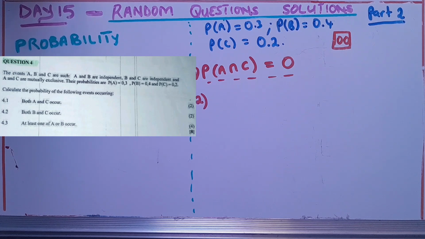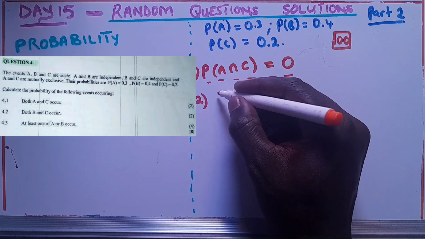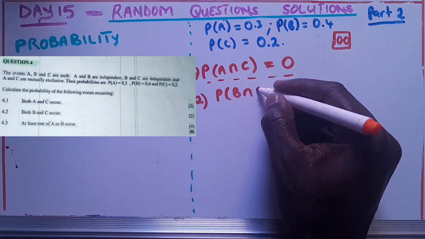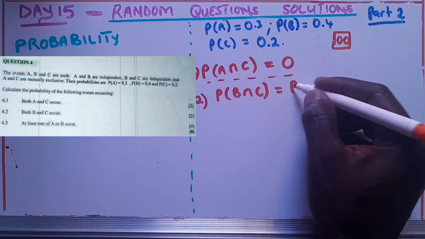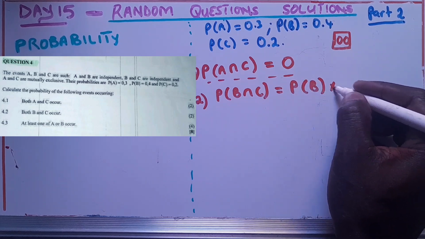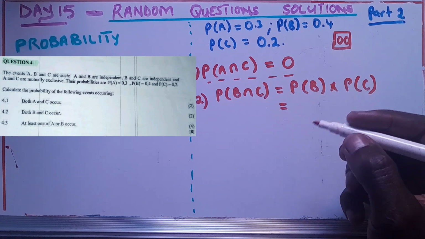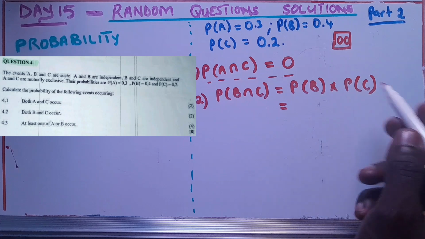Let's move on to the second question. They said what is the probability that both B and C occur? So we are looking for the probability of B and C, but we are told that B and C are independent. If B and C are independent, the probability of B and C will be equal to the probability of B multiplied by the probability of C. For independent events, we just multiply their probabilities.